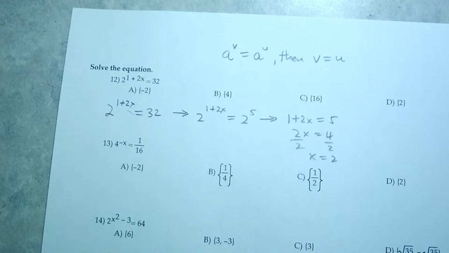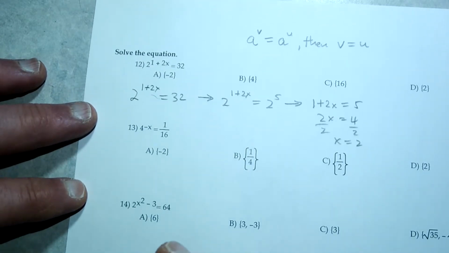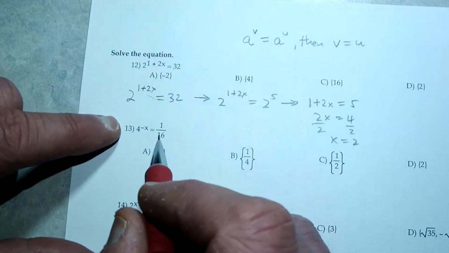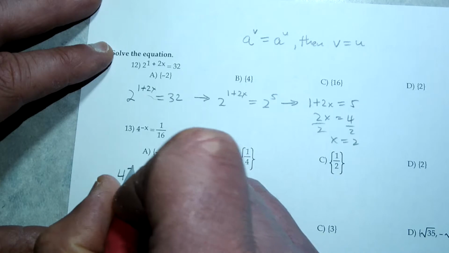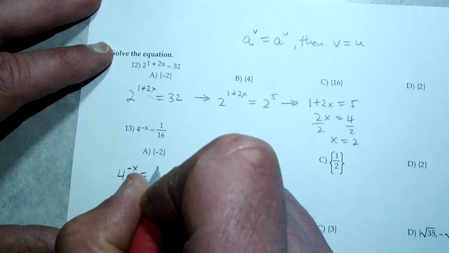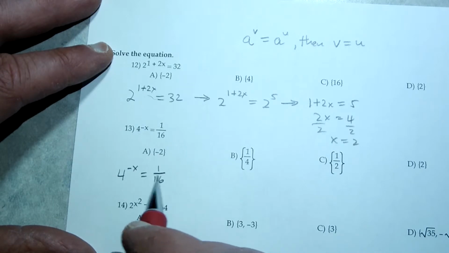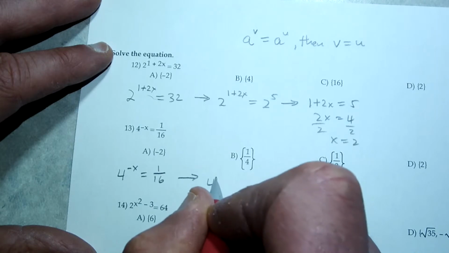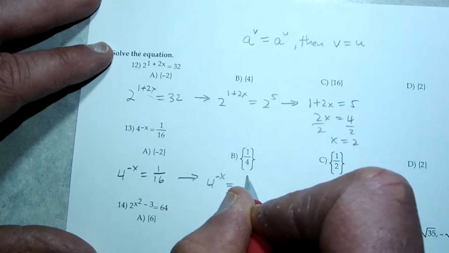Okay, let's try it again. Now, it's really going to mean having to dust off some of our knowledge of the rules of exponents. To get this problem converted into an equation with like bases, I'd have to realize that 16 is a power of the base.